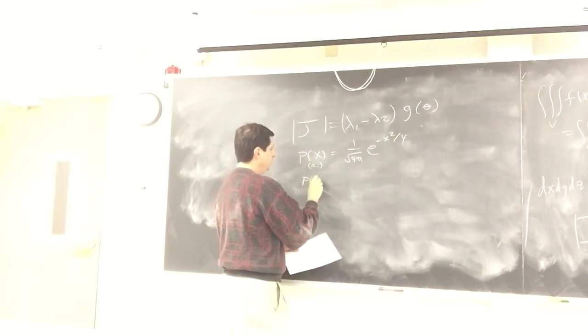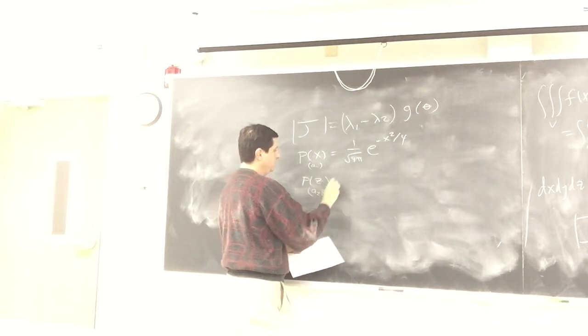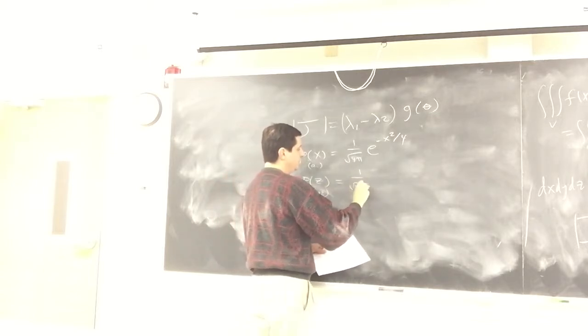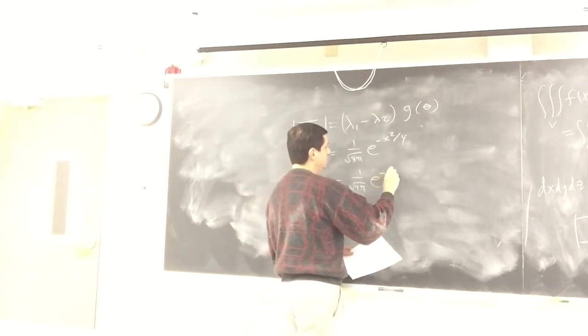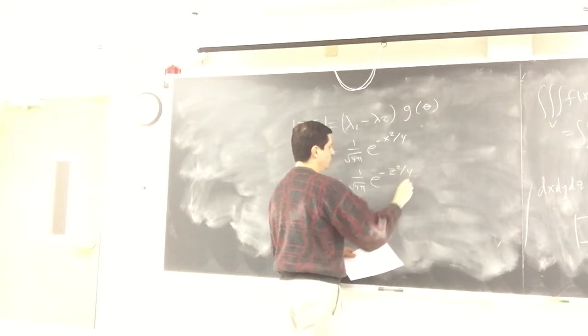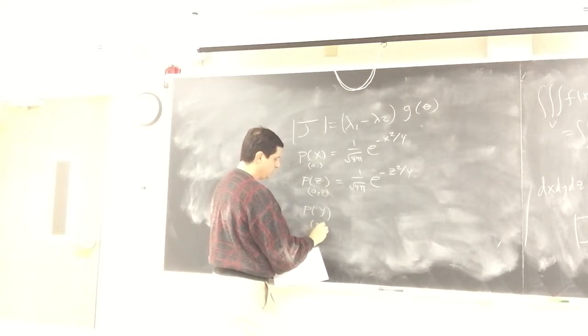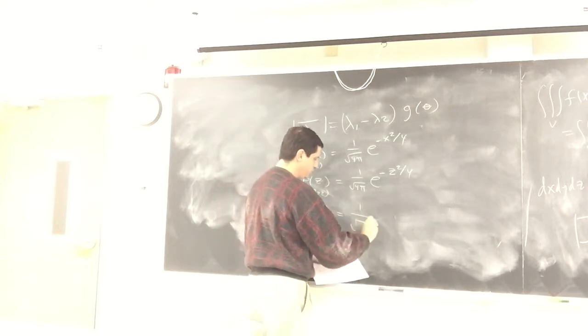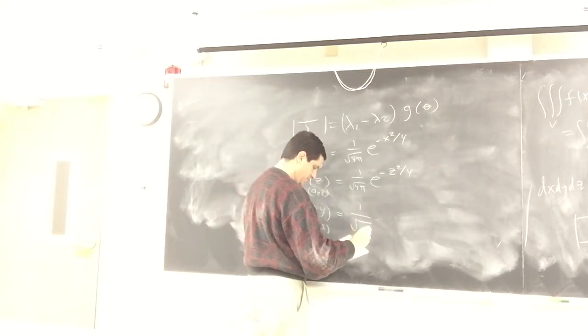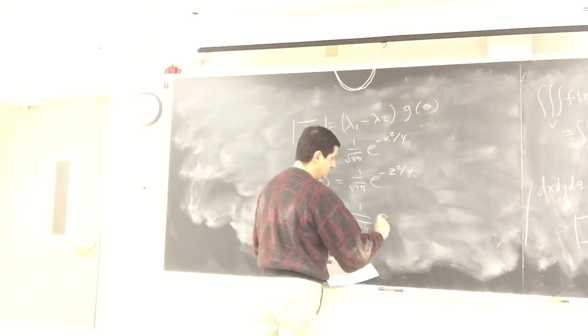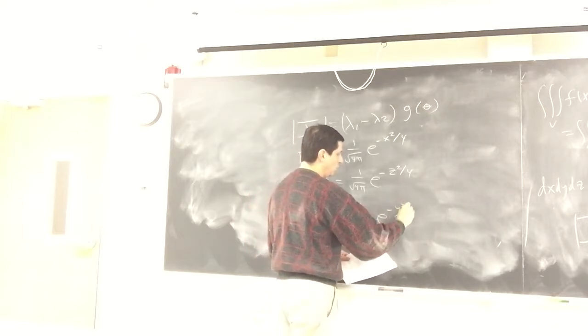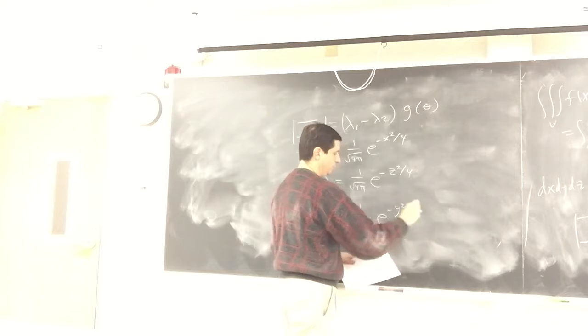The probability of z, which was our A22, is also 1 over the square root of 4 pi e to the negative z squared over 4. And the probability of y, which was our A12 piece, is 1 over the square root of 2 pi, I believe, e to the negative y squared over 2.